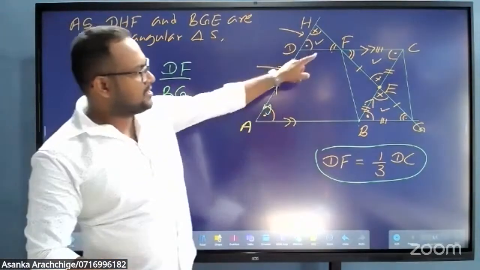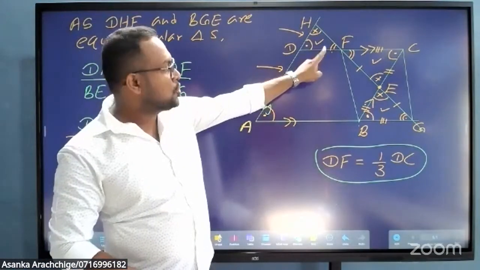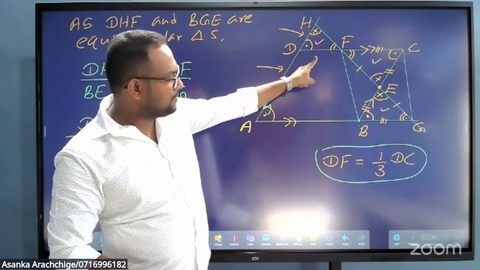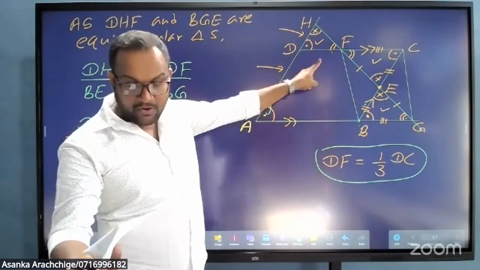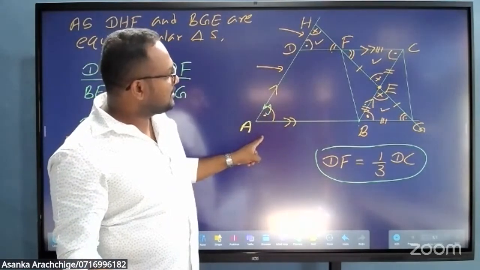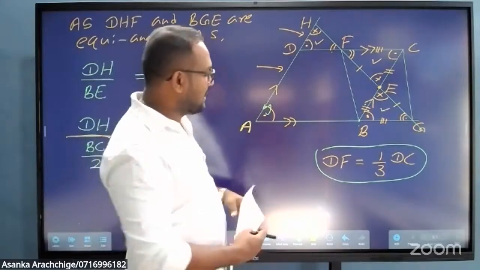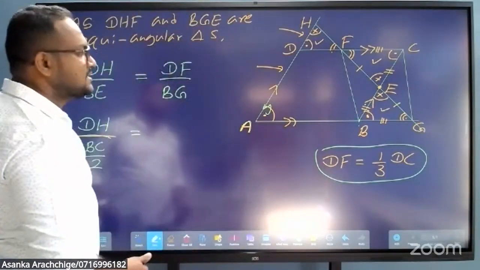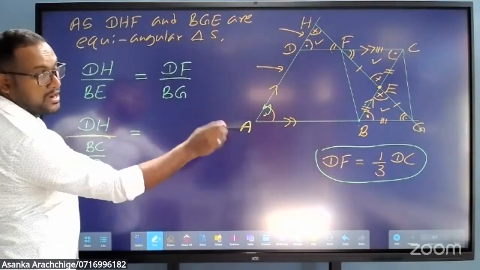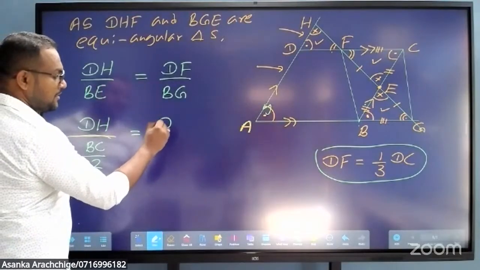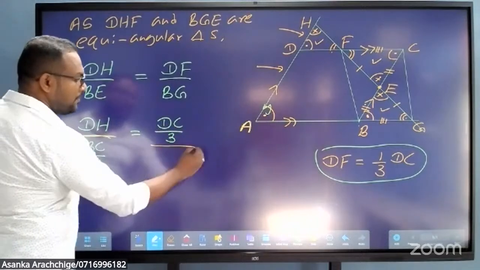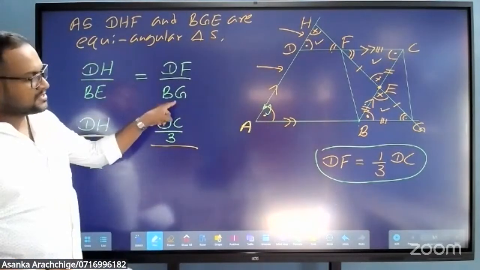Instead of DF, you can write one third DC. DF is equal to 1/3 DC, so DC upon 3 upon BG.